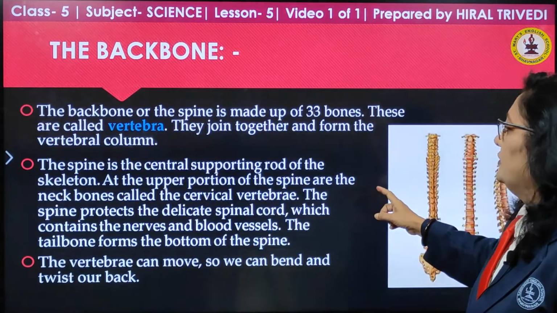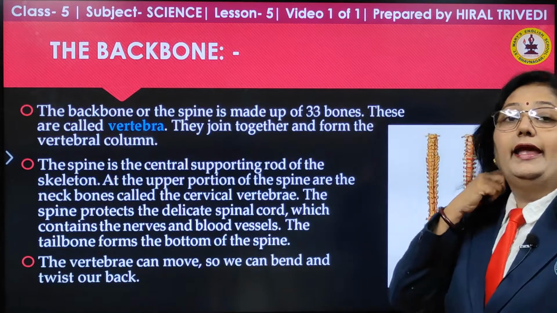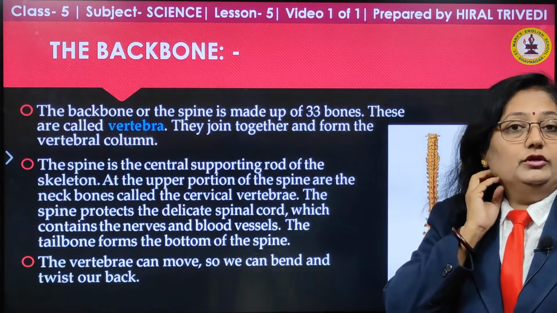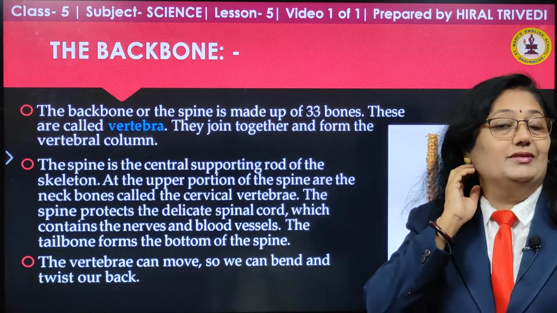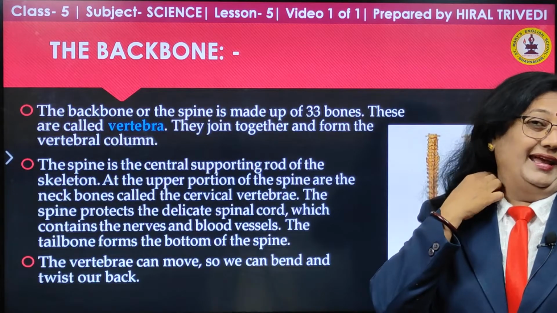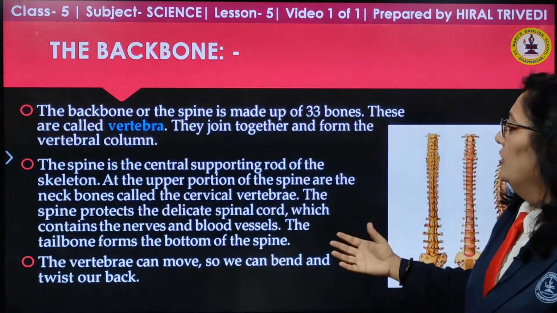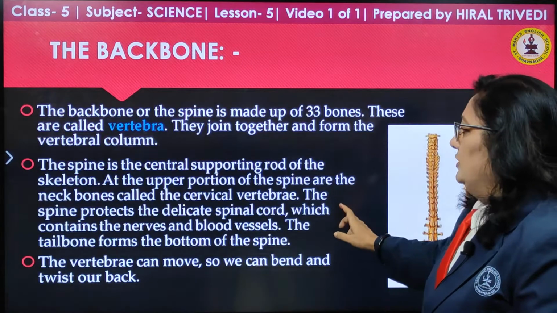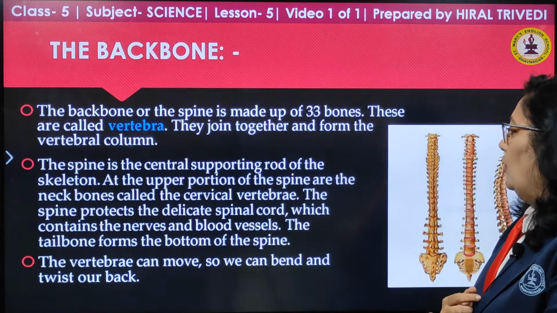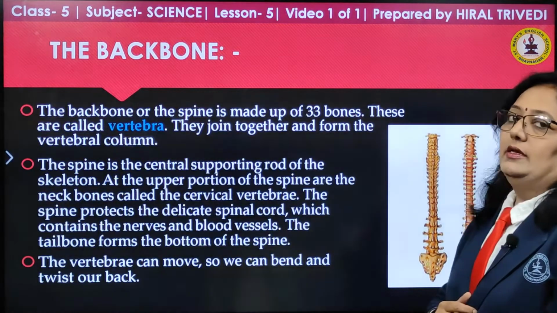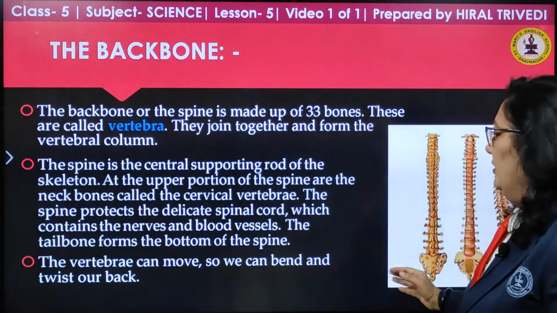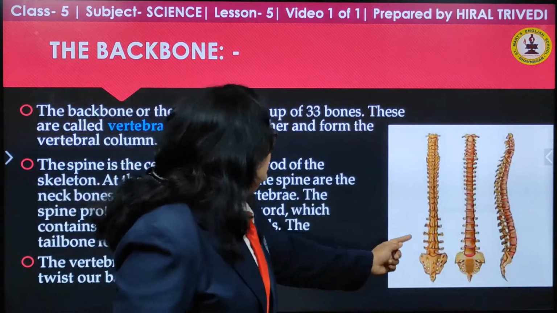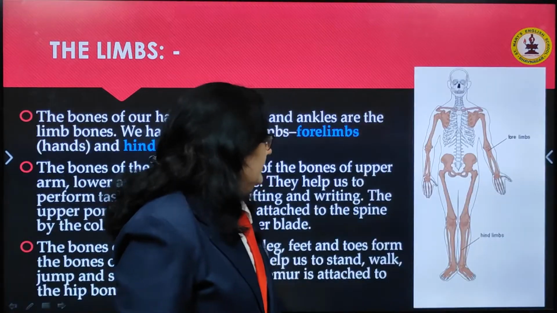At the upper portion of the spine are the neck bones, and the name is the cervical vertebrae. Sometimes at home you might hear somebody saying cervical disease of the neck, that pain. That is because the name of the neck bones is cervical. The spine protects a delicate spinal cord which contains the nerves and the blood vessels. The tailbone forms the bottom of the spine. So here it ends. That is the tail.